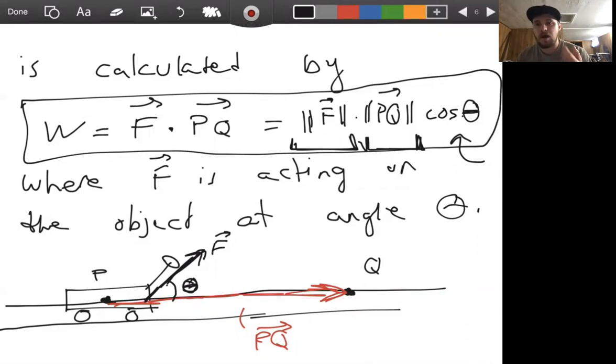The dot product is an operation that takes a vector and another vector, and gives you a number. What we're going to do with the cross product is take a vector and another vector, and then the cross product will spit out a completely different vector.